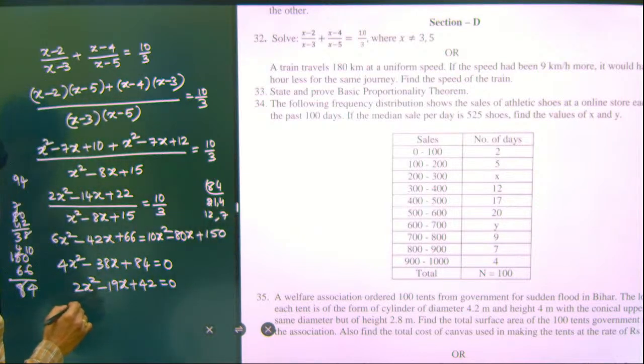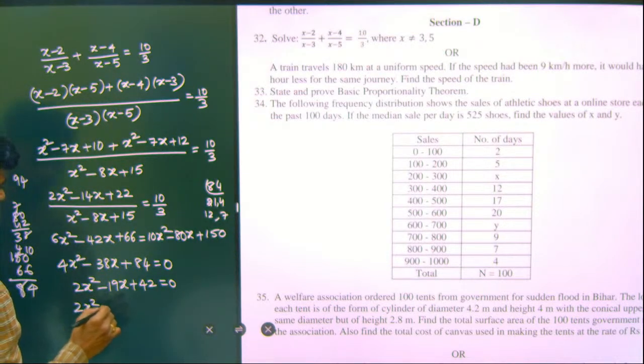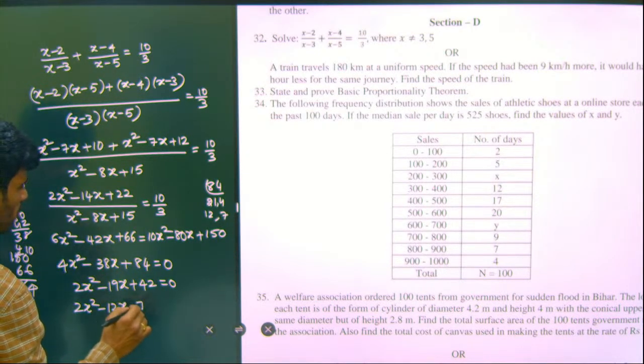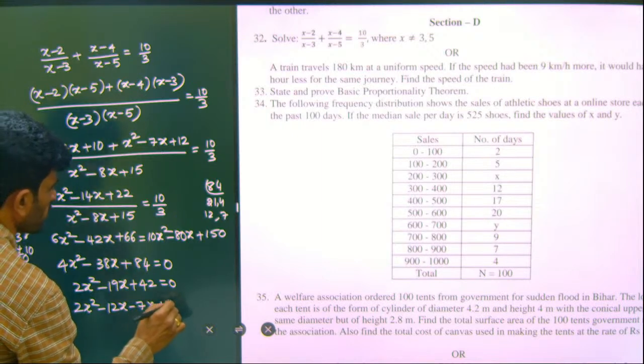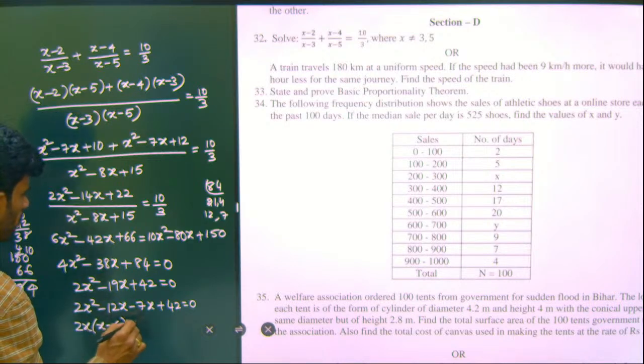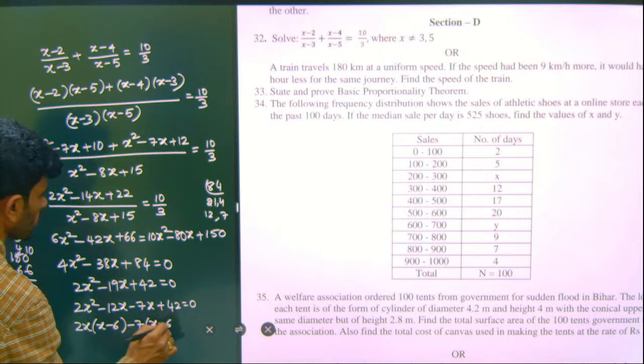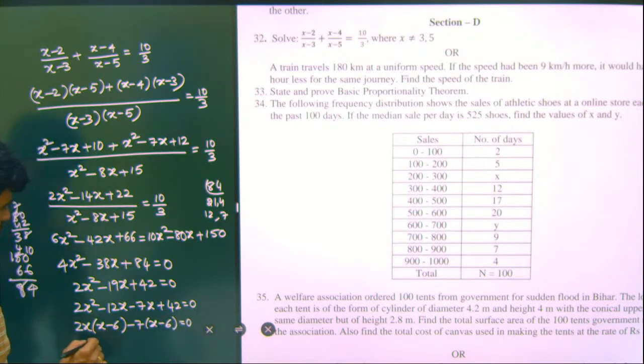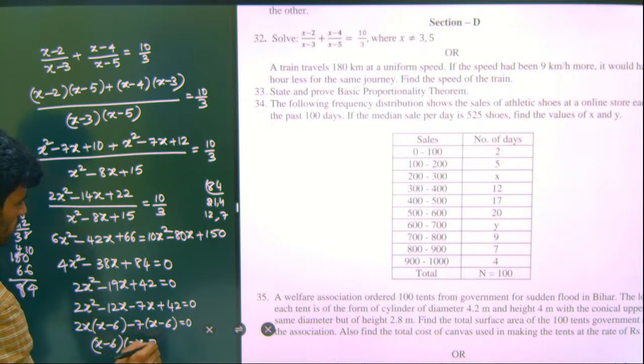So we can write it as 2x square minus 12x minus 7x plus 42 is equal to 0. So 2x common, x minus 6, minus 7 common, x minus 6. So (x − 6)(2x − 7) is equal to 0.